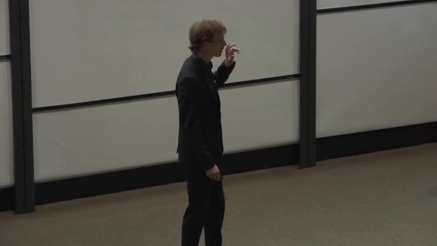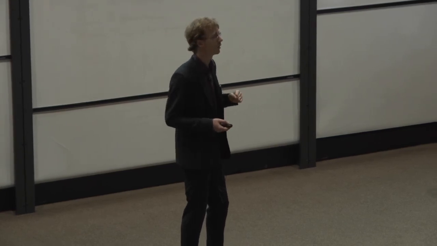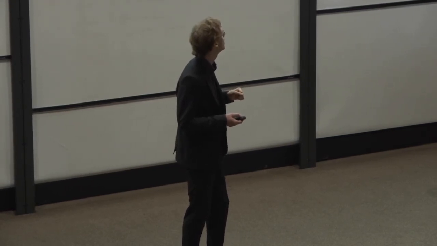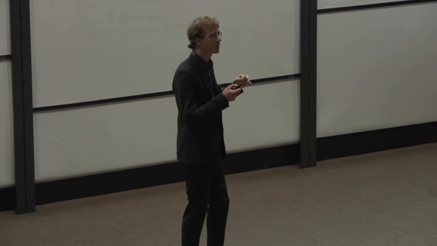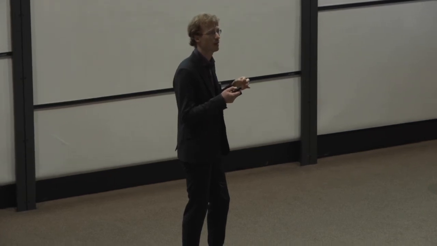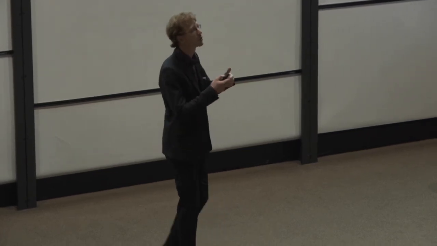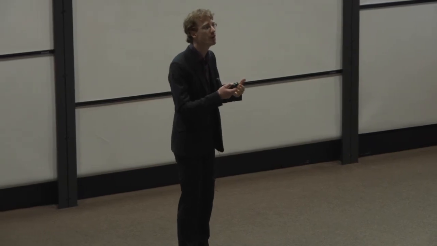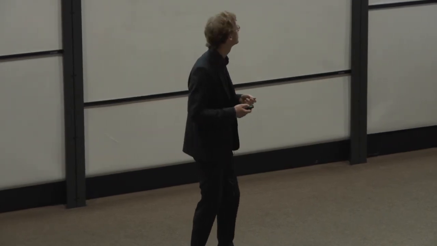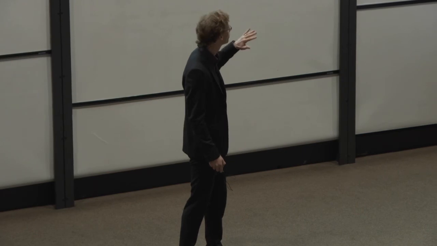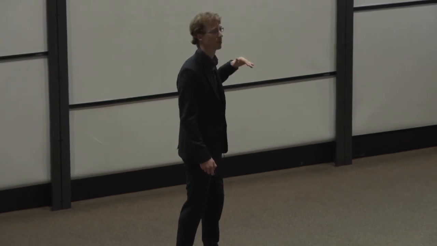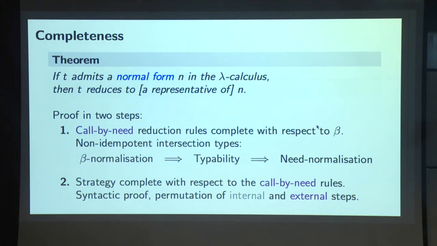That's not yet exactly a strategy because we are using the rules of call by need, but sometimes not in a valid evaluation context. So there is a second part, which is a more syntactic inversion of reduction steps, that will allow us to complete the proof and make the links between what we extracted from the typing argument and the actual reduction in the strategy.